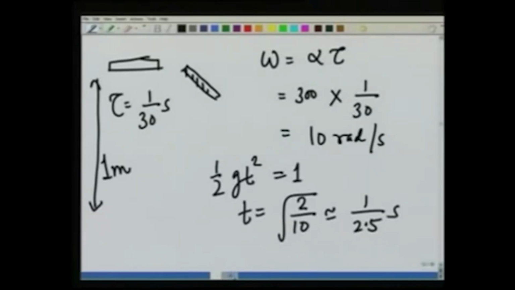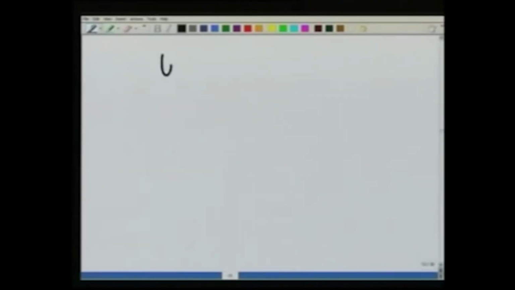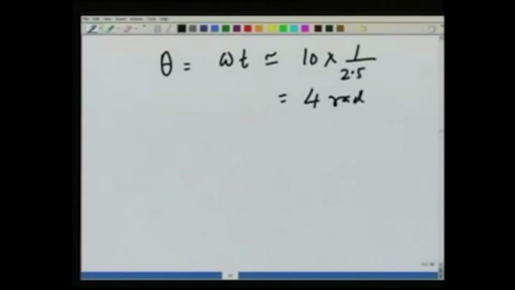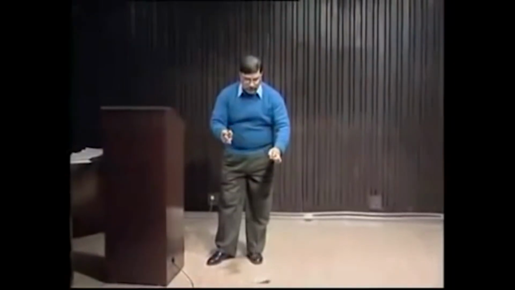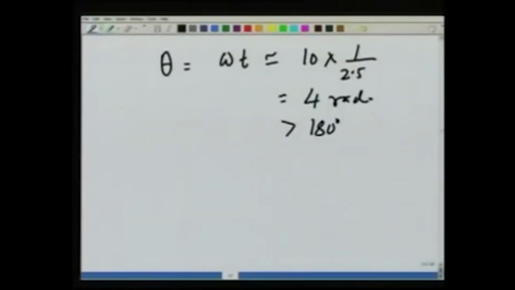And therefore, you see that the angle by the time it comes down would be equal to omega times t, which is 10 times 1 over 2.5, which is 4 radians. That is slightly greater than 180. So, that is roughly the angle through which the book rotates, and you see it drops the other way. This is an interesting problem where we applied the ideas learnt so far.